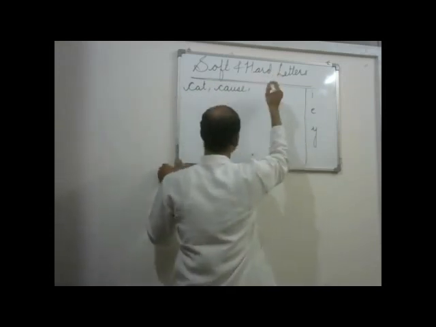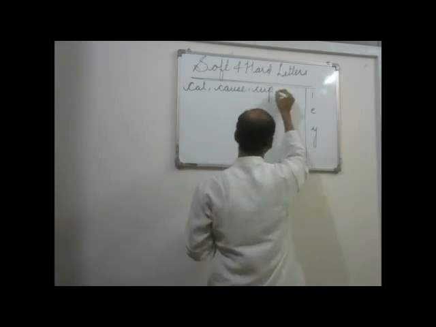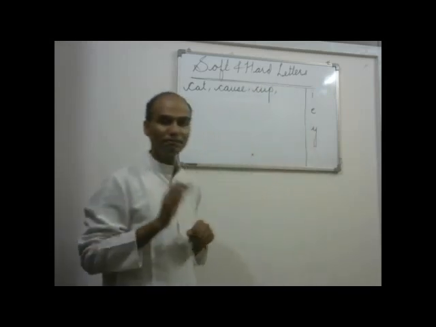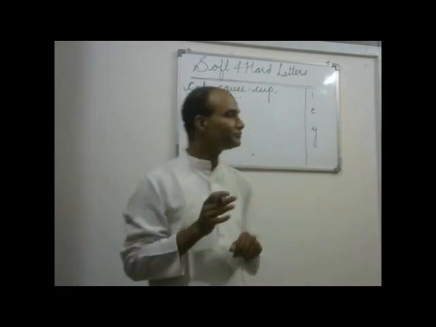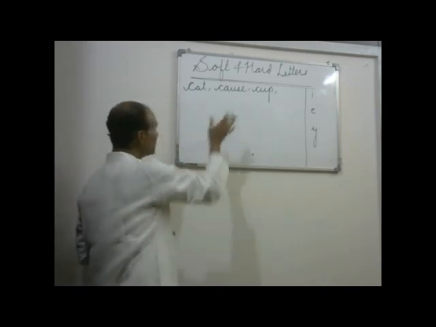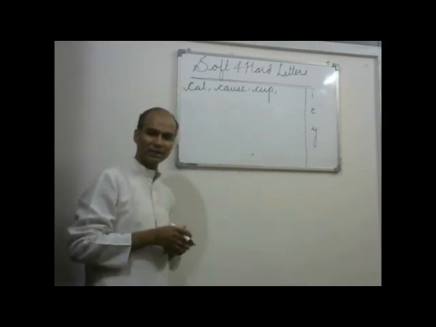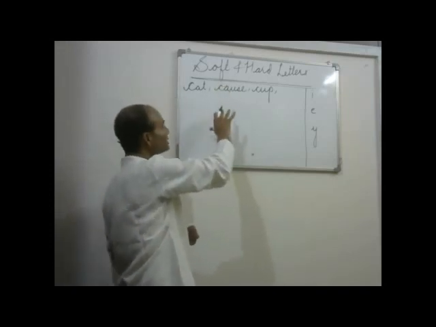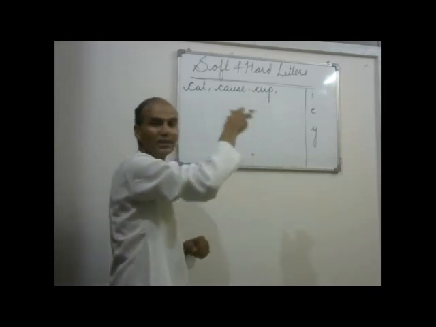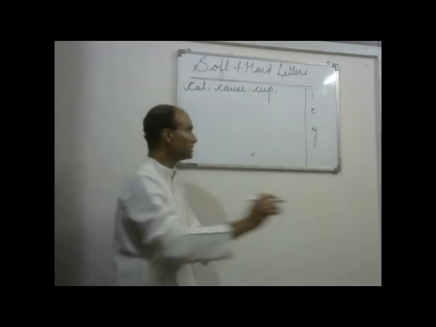Similarly, C-U-P. Here C-U-P is cup, not sup, right? So in almost all the cases, when C is followed by any letter apart from I, E or Y, C will have a hard pronunciation.